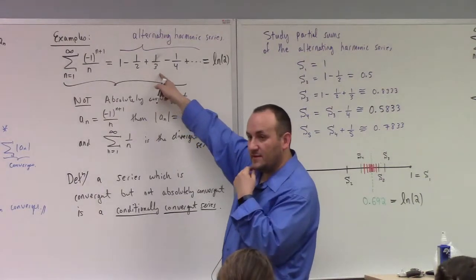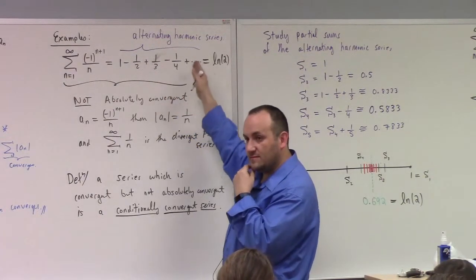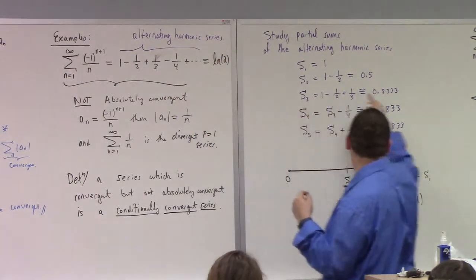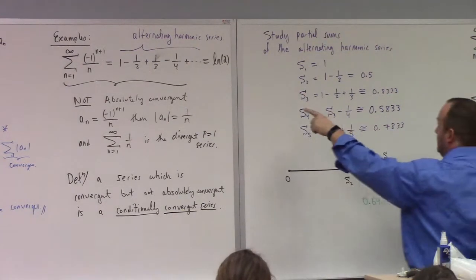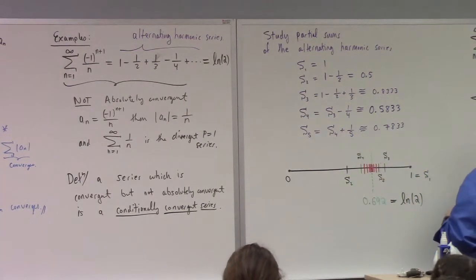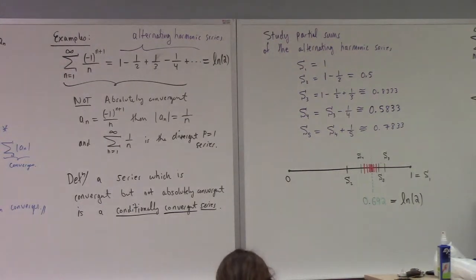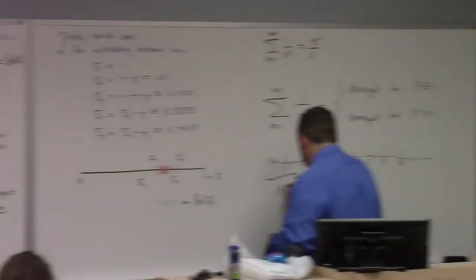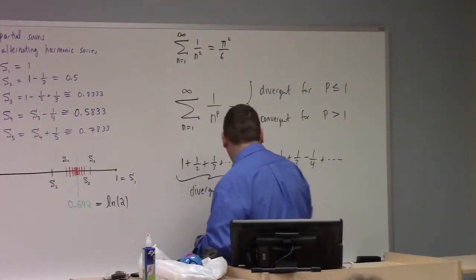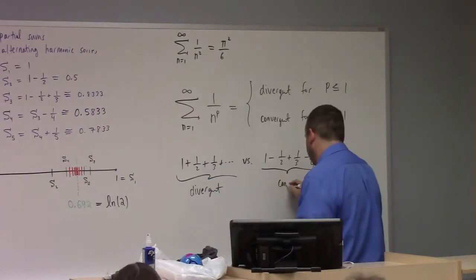This is the alternating harmonic series. It's got plus minus in it. What I'm trying to say is 1 plus a half plus a third plus dot, dot, dot, divergent, versus 1 minus a half plus a third minus a fourth plus dot, dot, dot, convergent.